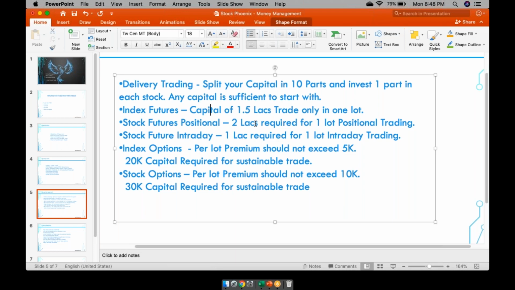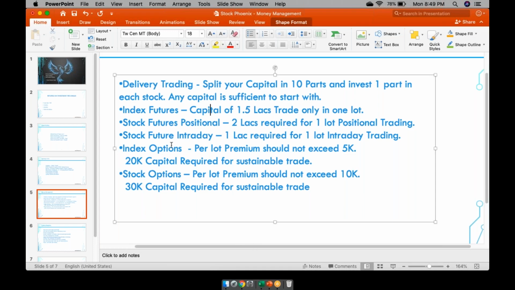Keep 1.5 lakhs in your trading account to trade just one lot of Nifty or Bank Nifty. Many brokers allow you to trade with 5,000, 6,000, or 10,000 rupees. If you do such things, it is simply gambling. I'll write it and give it to you: trade with your own money. If you start taking exposures or leverages, we are shifting ourselves into gambling mode. It is not investment for returns.